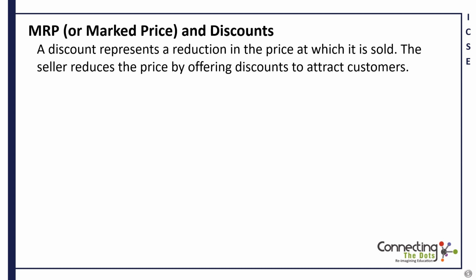We can use MRP or marked price interchangeably because they usually refer to the same thing. So the marked price is the price which is marked on the product, and the discount applies on top of it. So let us see how we can calculate tax in that scenario.